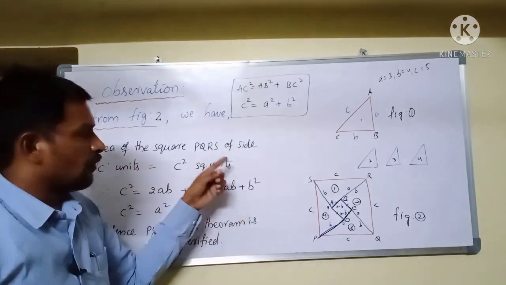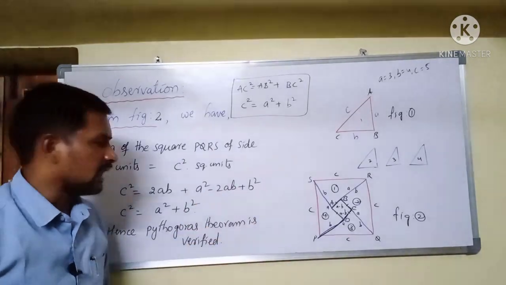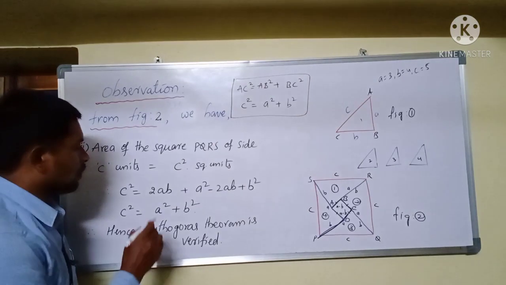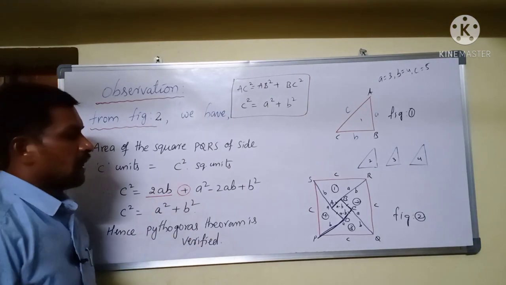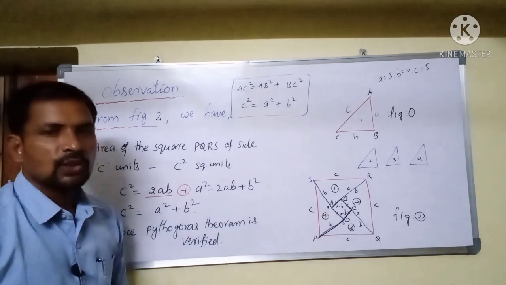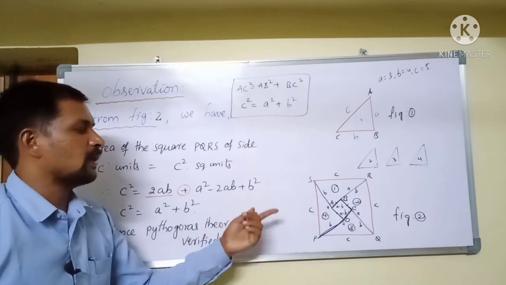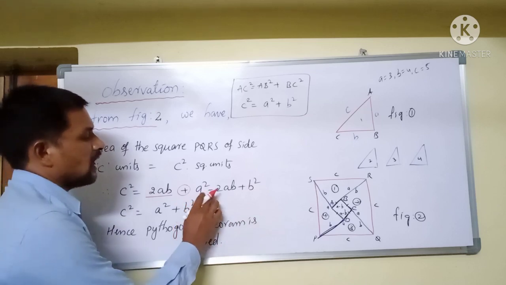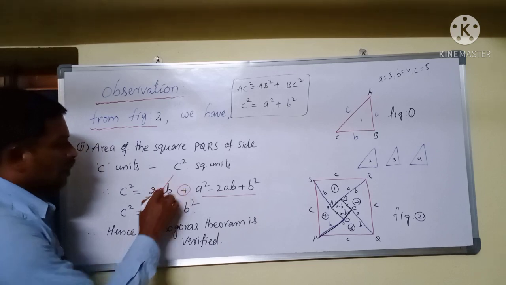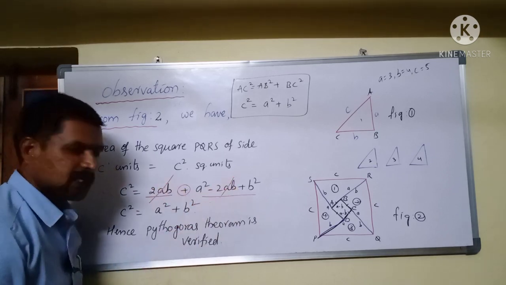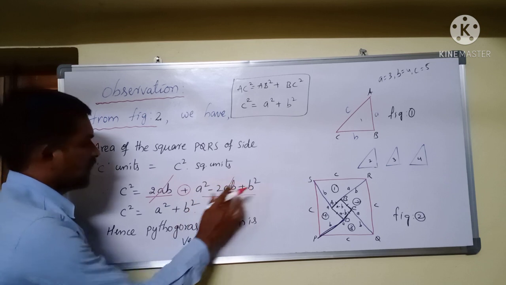So the area of the 4 right angle triangles is 2AB, plus the area of the small square, A minus B into A minus B, so A square minus 2AB plus B square. Here 2AB and minus 2AB get cancelled, so the remaining is A square plus B square.